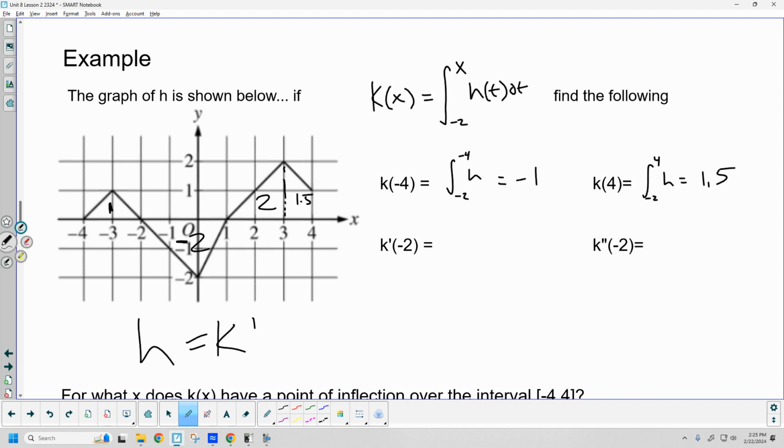Okay, keep going. Copying things down doesn't help. K prime, it's K prime.